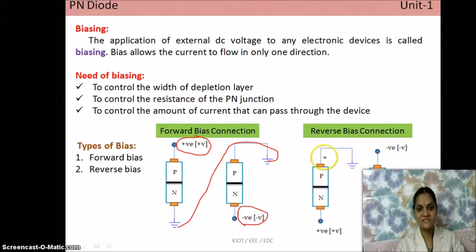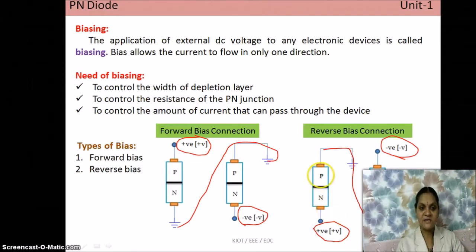Reverse bias, in the sense, P type: the majority carriers are holes, and holes are positive charge. So here we are giving reverse bias. That means when the P type is connected to negative terminal of the battery and the N type semiconductor is connected to the positive terminal of the battery, we are giving the connection in a reverse manner.